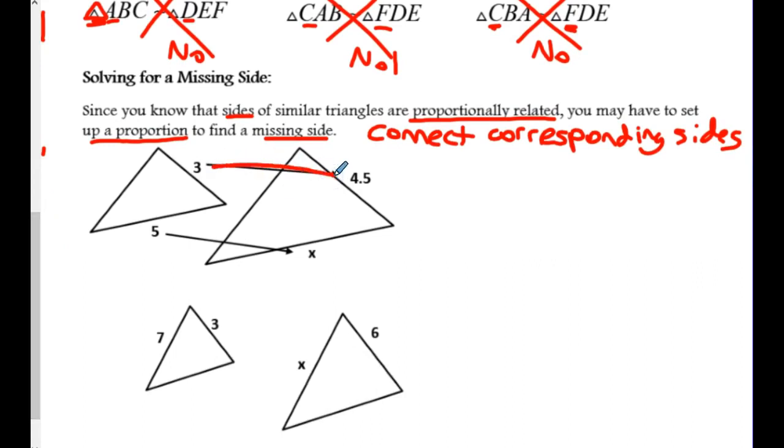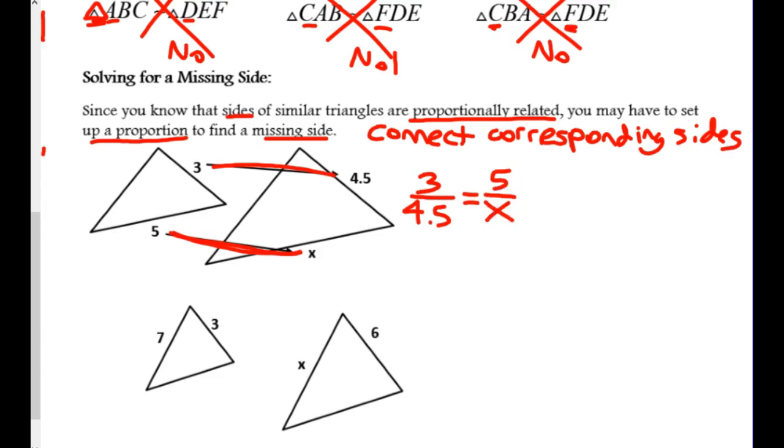I see 5 corresponds with x, so I draw a little arc to it. Okay? I'm literally connecting them with either a line or an arc. That way I know what my fractions are going to be. So whatever you connect is going to be a fraction. So 3 is going to be over 4.5. Let's write that down. 3 over 4.5 equals, and then I have 5 over x.